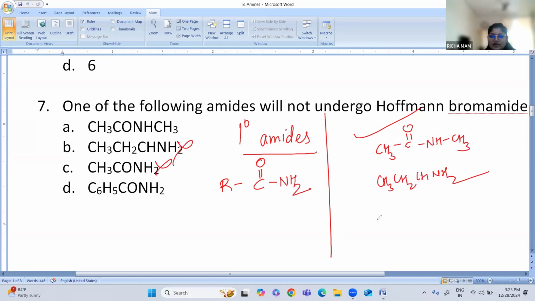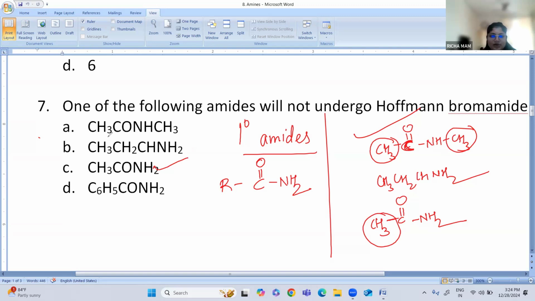This is CH3, C double bond O, NH2, which will undergo. Here only one carbon is attached, so this is a primary amine.